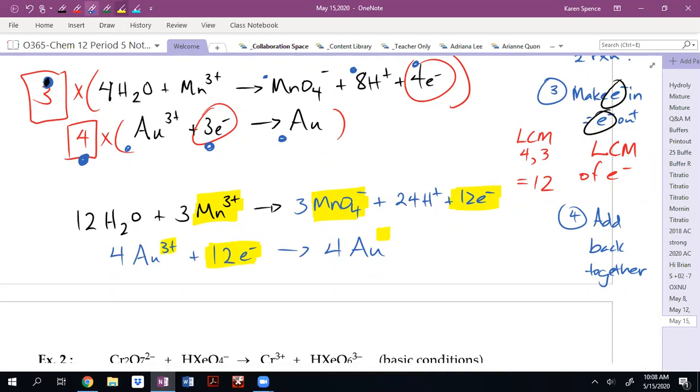All right, almost last step here. We have 12 electrons canceling with 12 electrons.